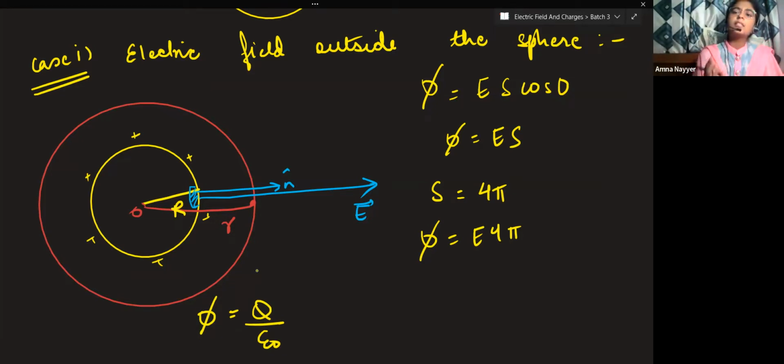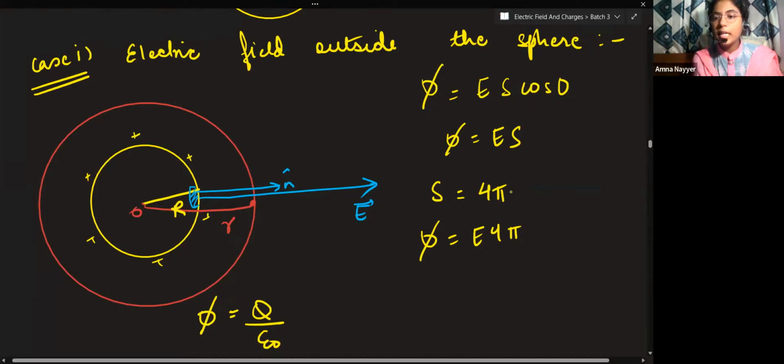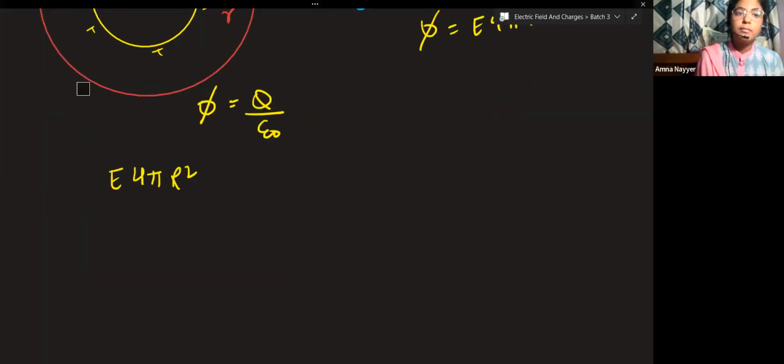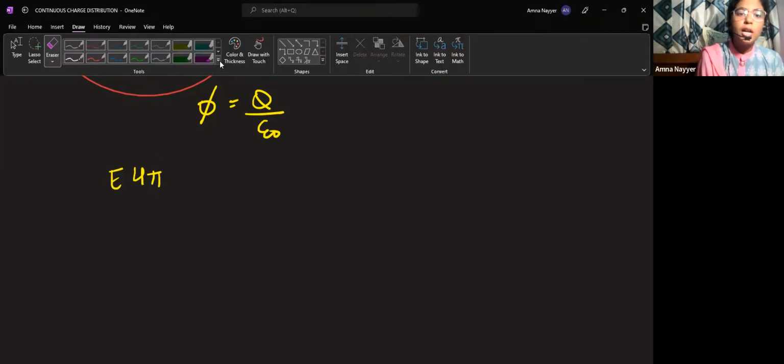Because we are considering the Gaussian surface. Now this is where you have to do your calculations. This is your system now. So the radius will also be taken of the Gaussian surface. Small r is the radius of the Gaussian surface and capital R is the radius of the sphere. So we'll be writing 4 pi small r square, not capital R square. Is this clear? Why am I writing small r square?